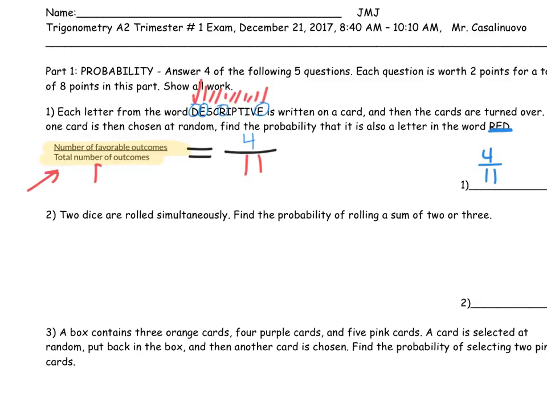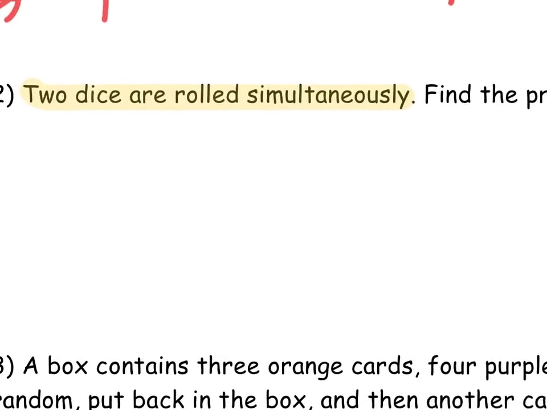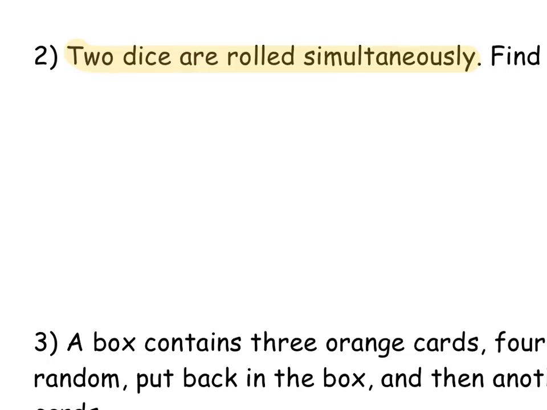For problem 2, you have 2 dice being rolled simultaneously. When we did 2 dice questions, what I had you do was set up a dice chart. Each die has the sides 1 through 6.